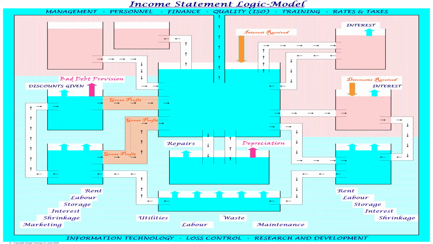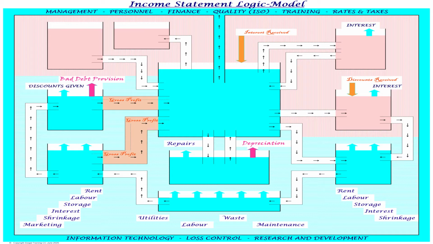So a bad debt provision is not a cash flow. There's no money that exchanges hands. Similarly, there's no money that exchanges hands in depreciation. Nobody receives some money and puts it away for a rainy day. In that situation, we are theoretically or virtually putting aside money. But in actuality, we haven't put aside any money whatsoever. This is important to remember.